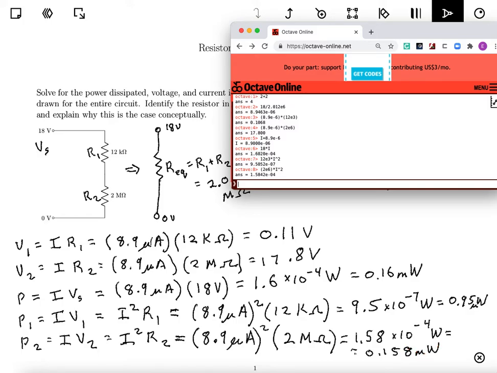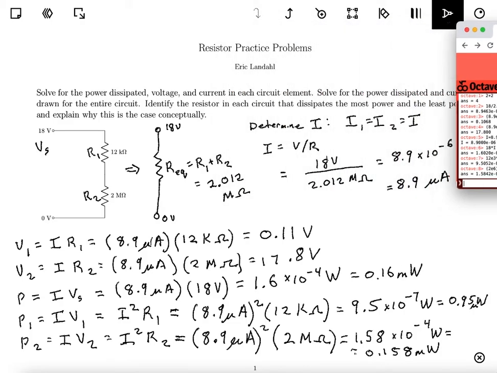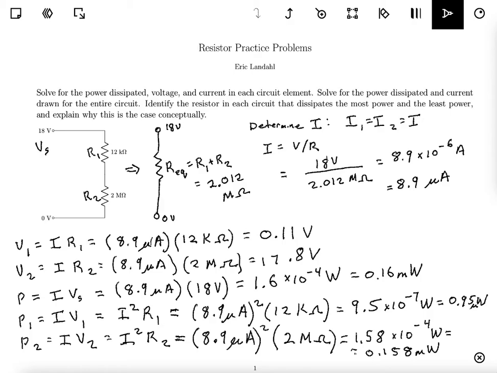And notice that the power in the second resistor plus the power in the first resistor have to add up to the same power dissipated by the entire circuit. So let's look at the questions. We have solved for the power, voltage, and current in each circuit element, and for the entire circuit.